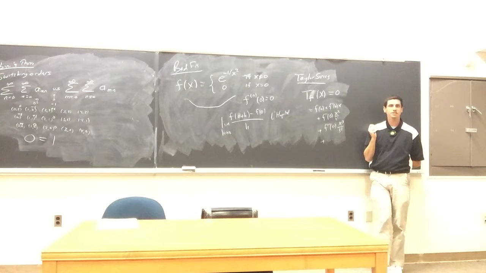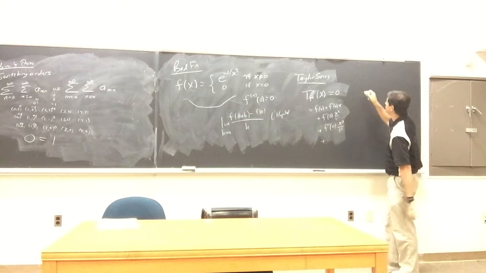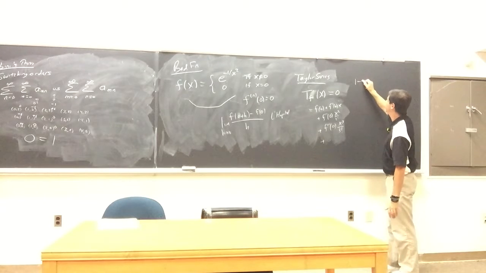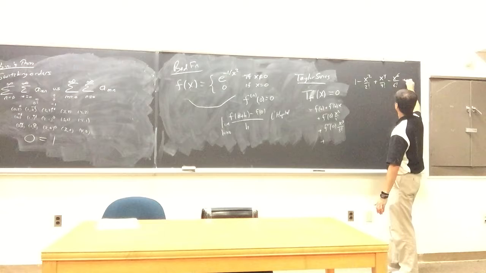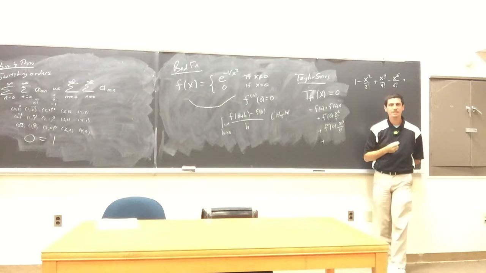Anybody know the Taylor series expansion for cosine? Okay, so if I give you the function 1 minus x squared over 2 factorial plus x to the 4th over 4 factorial minus x to the 6th over 6 factorial, what function am I thinking of?